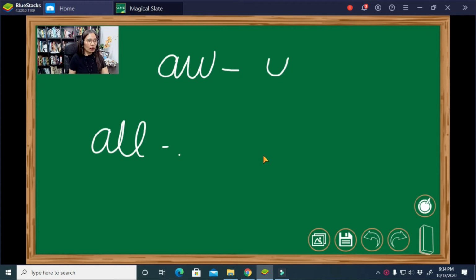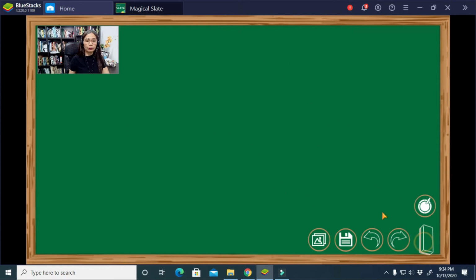Can you read this one? All. See, listen to the sound very well. So therefore we have to use O, deep hook, and L. See that?